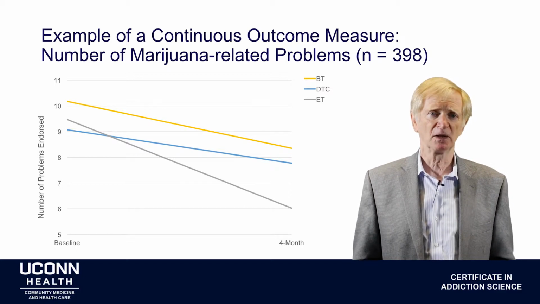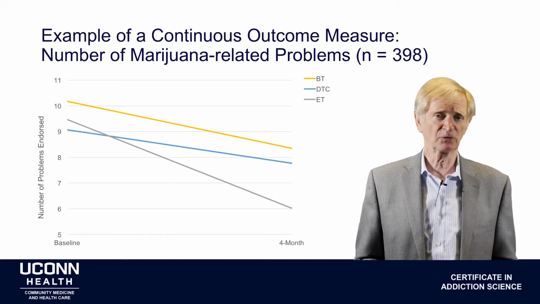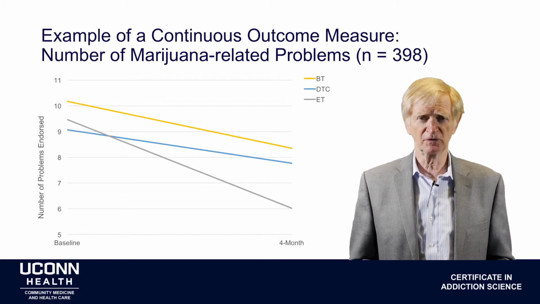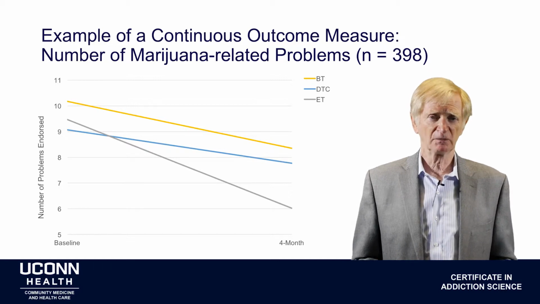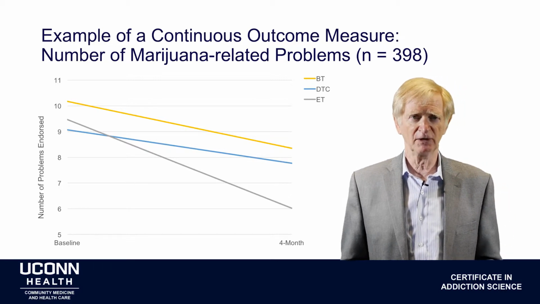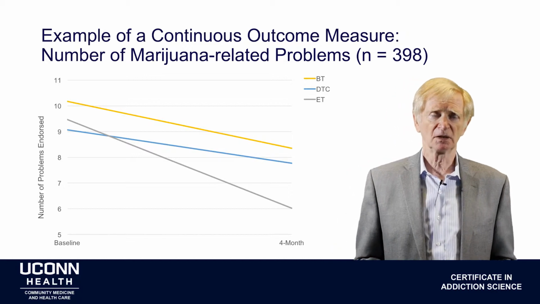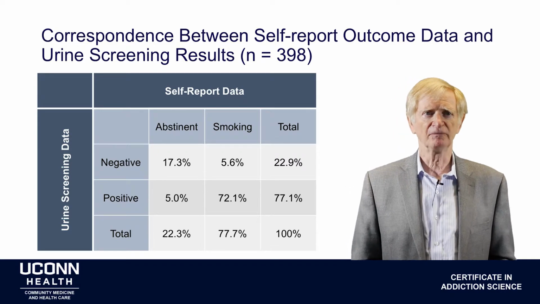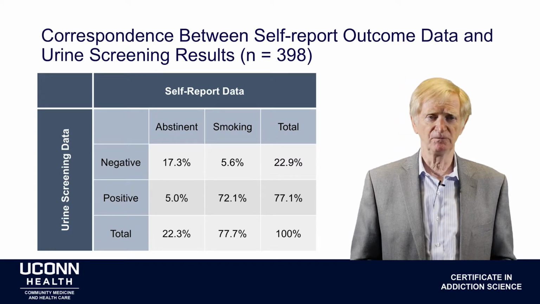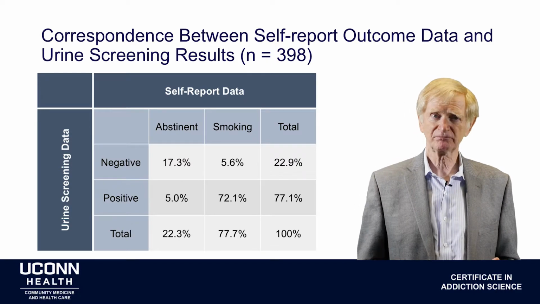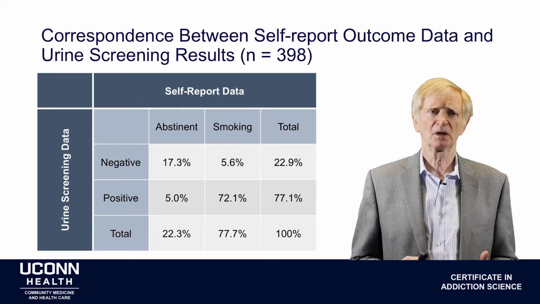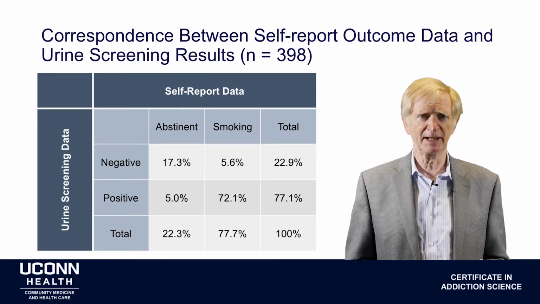Another way to verify whether or not the self-report information is accurate, because it's often considered skeptically by people who are looking at treatment outcomes, is by looking at the results of urine screening. And here, what we have been able to show is that at baseline, the urine screen results were low in terms of demonstrating abstinence.